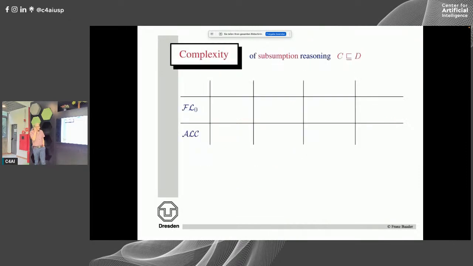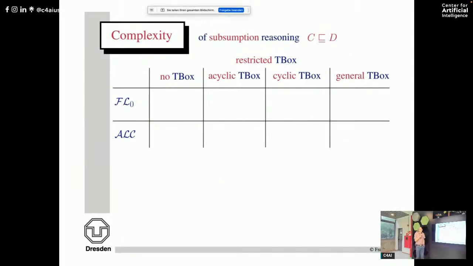Right, now let's look at the complexity. So we look at the case without any T-box, just a subsumption between concepts. We look at acyclic T-boxes, which are special kinds of concept definitions which don't have recursion in there. There are cyclic T-boxes that have recursion, and there are the general T-boxes.